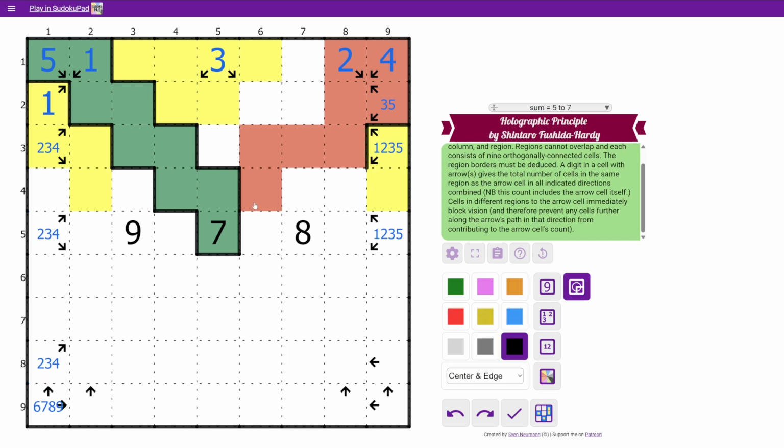Okay, and red also goes down no further. So when yellow gets full to 9, 4, 5, 6, 7, 8, 9, then you'll see there's exactly enough cells for red and yellow to complete up there.